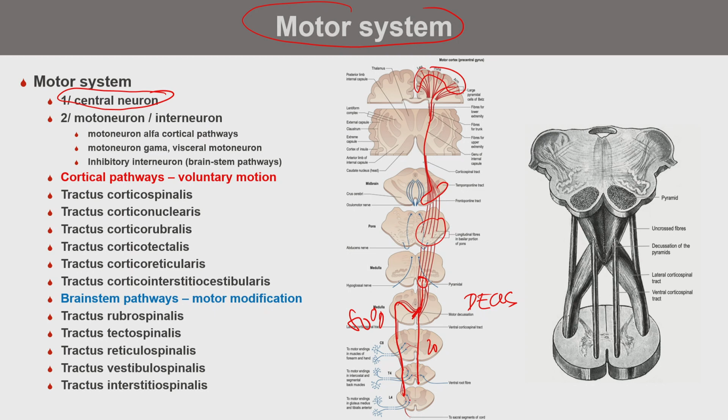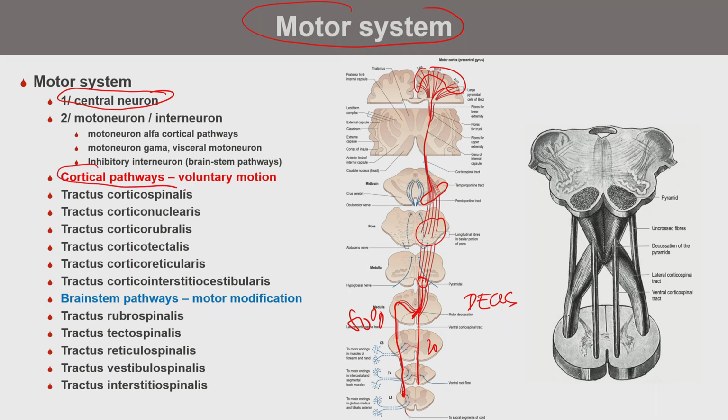And then here is a direct relay to the motor neuron, which is localized in the anterior horn. Very frequently it is relayed by an interneuron.